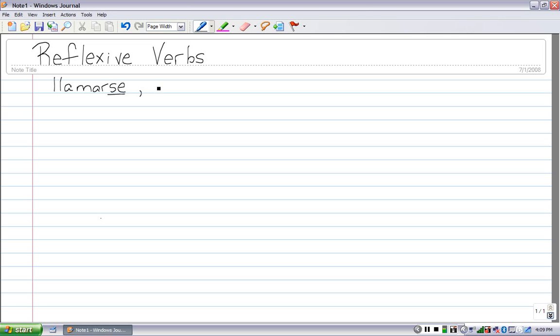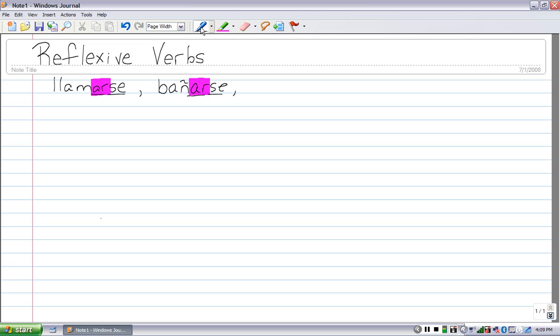Or you have a verb bañarse. The same thing. The se denotes that it's a reflexive verb. Both of these verbs are actually AR verbs because the actual verb form itself ends in an AR.